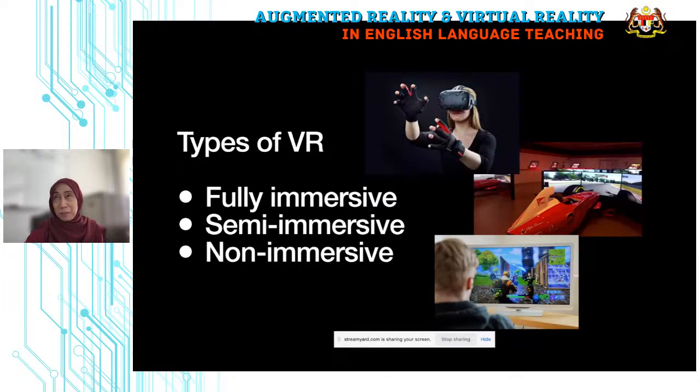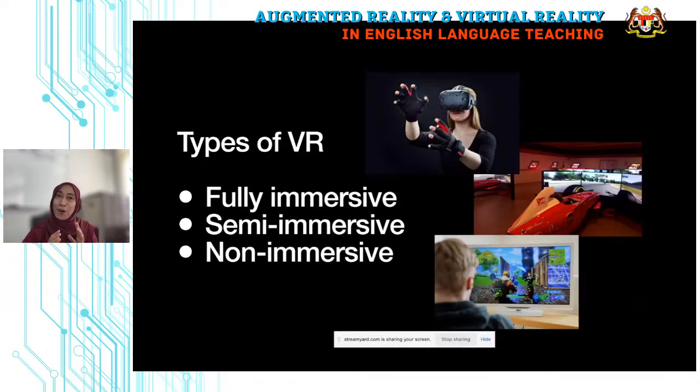Usually we use this for a pilot, if they want to fly an aircraft, a simulation-based activity, or like the second picture where the boy is in a racing car and there's a road circuit in front, as if he is actually racing. So that is semi-immersive.